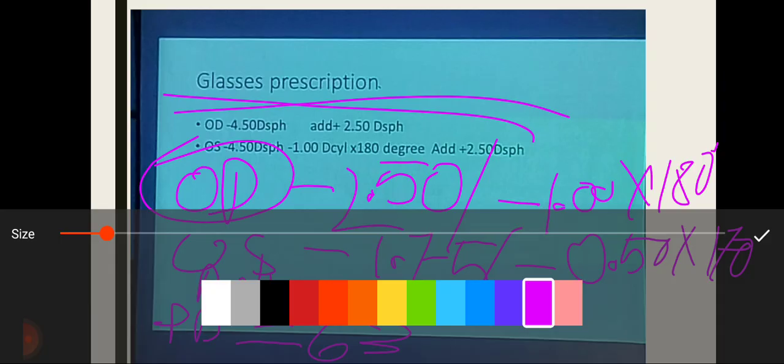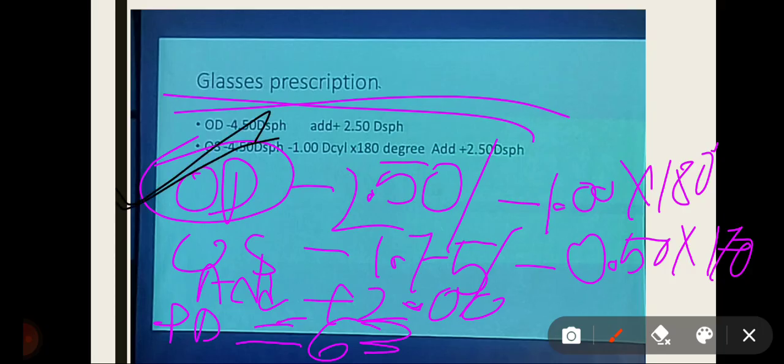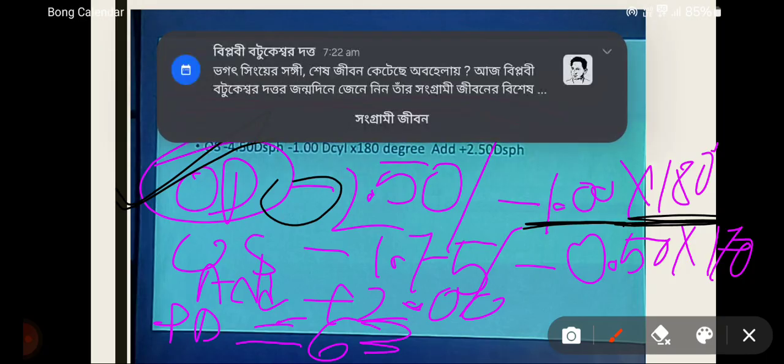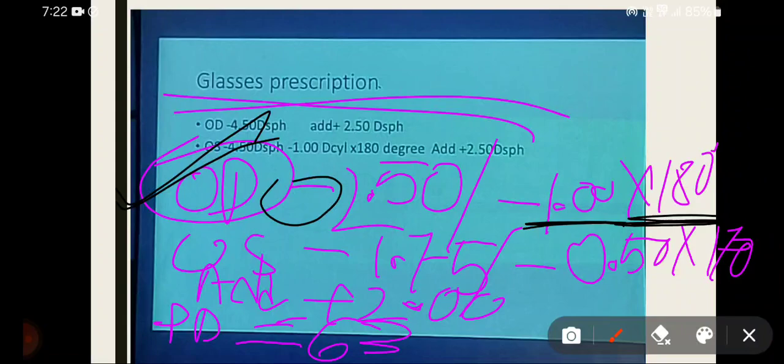We change the color. OD is for the right eye. This is minus, this means myopia, and this means astigmatism at 180 degree. And in the left eye, OS, this is the left eye.